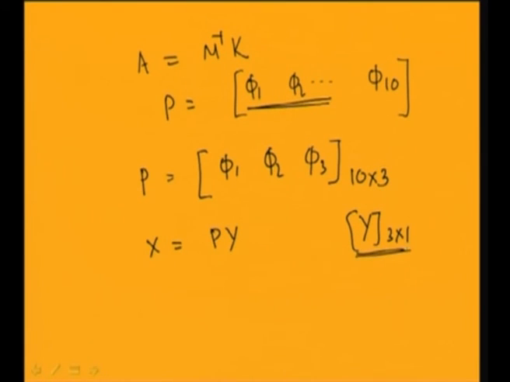So we can take only the first 3 modes, and I can substitute x equal to P y. By substituting x equal to P y in this expression, m P y double dot plus k P y plus c P y dot equal to F.